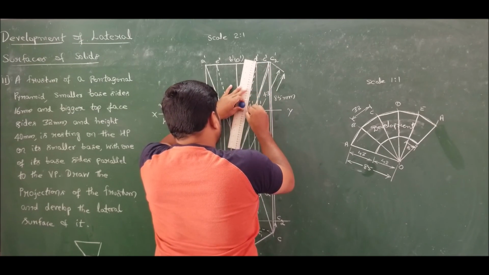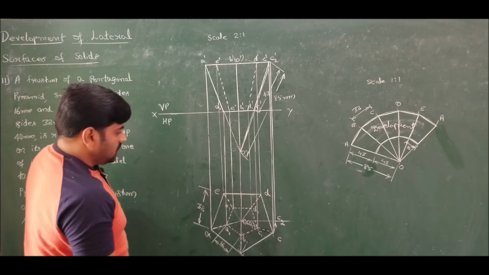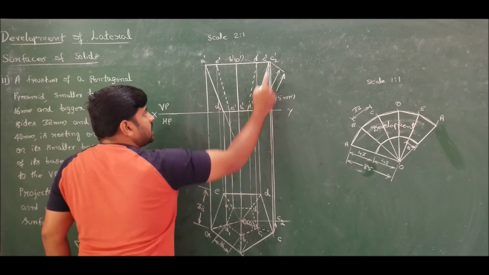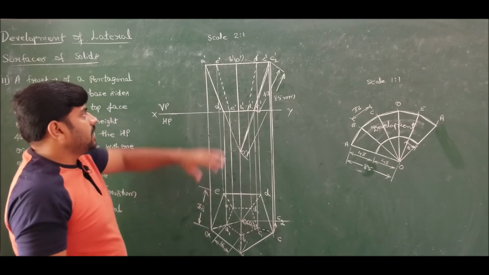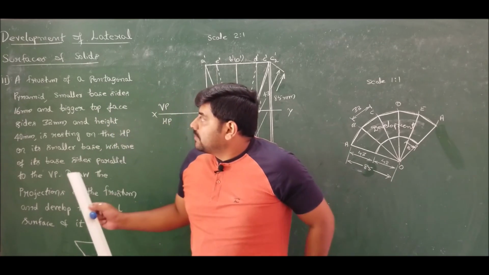This concept you have clearly learnt in orthographic projection of solids. So for the observer, A, B and C are visible. E and D are invisible. So this is the required front view, top view and development for problem number 11.